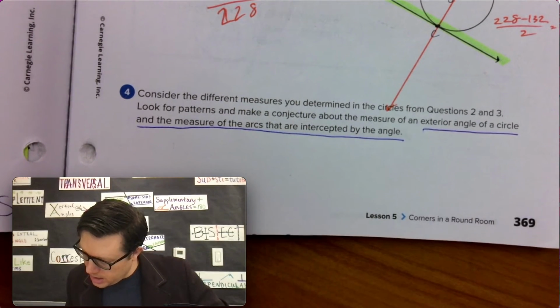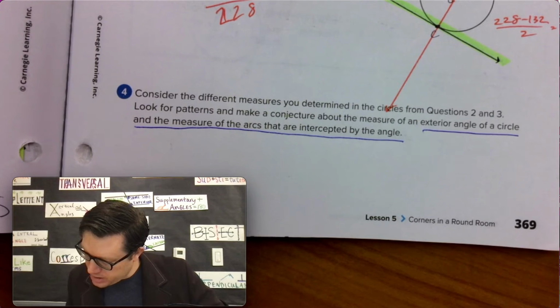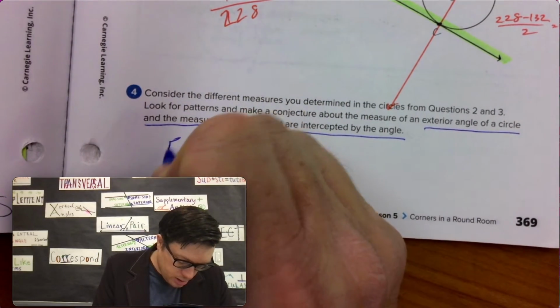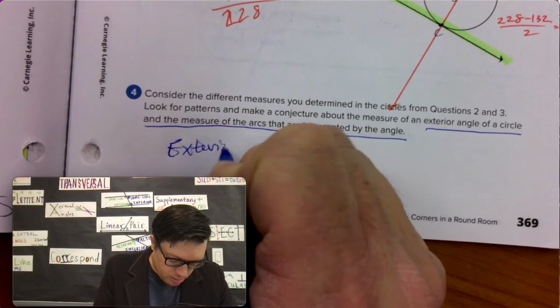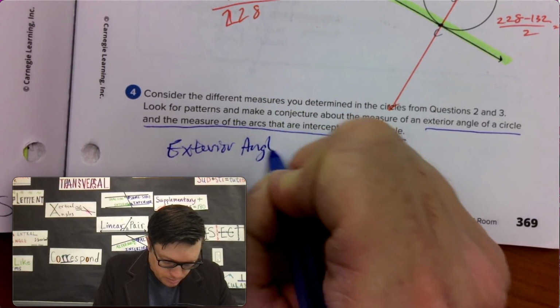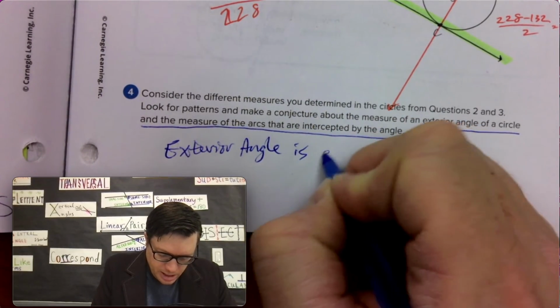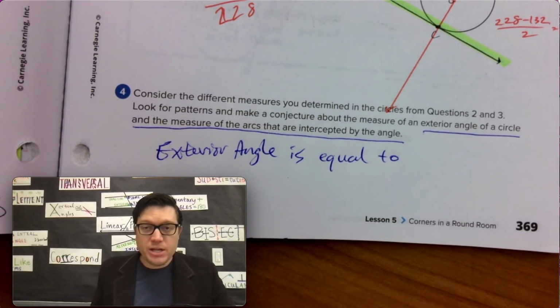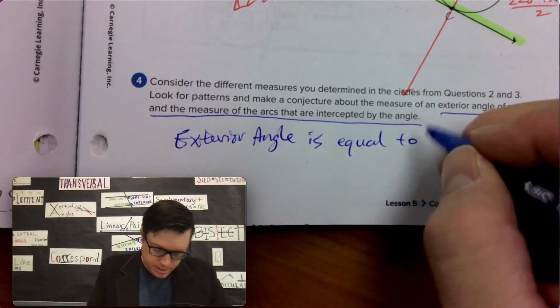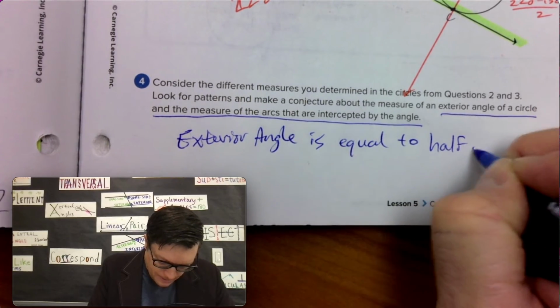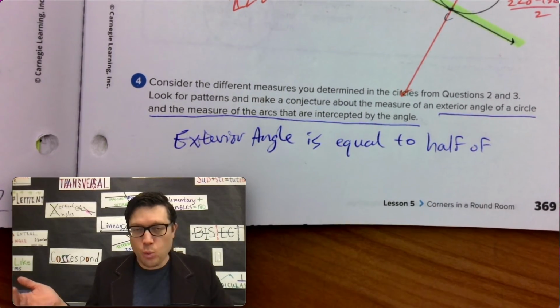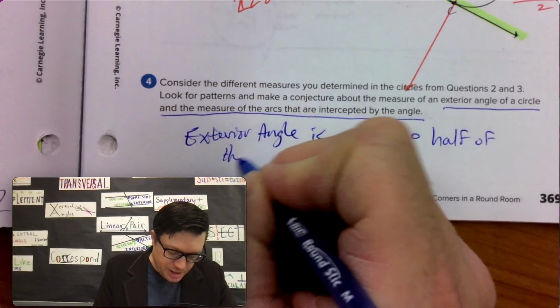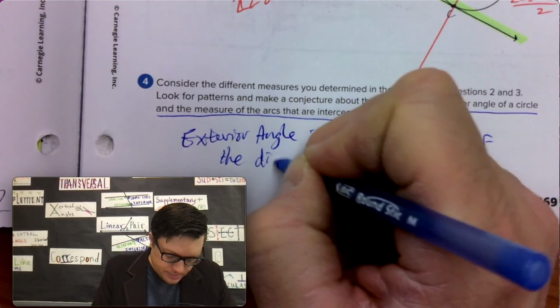So I'm going to say it appears that the measure of an exterior angle of a circle is equal to half of the difference of the intercepted arcs. So half as in 1 over 2. The difference means subtract.